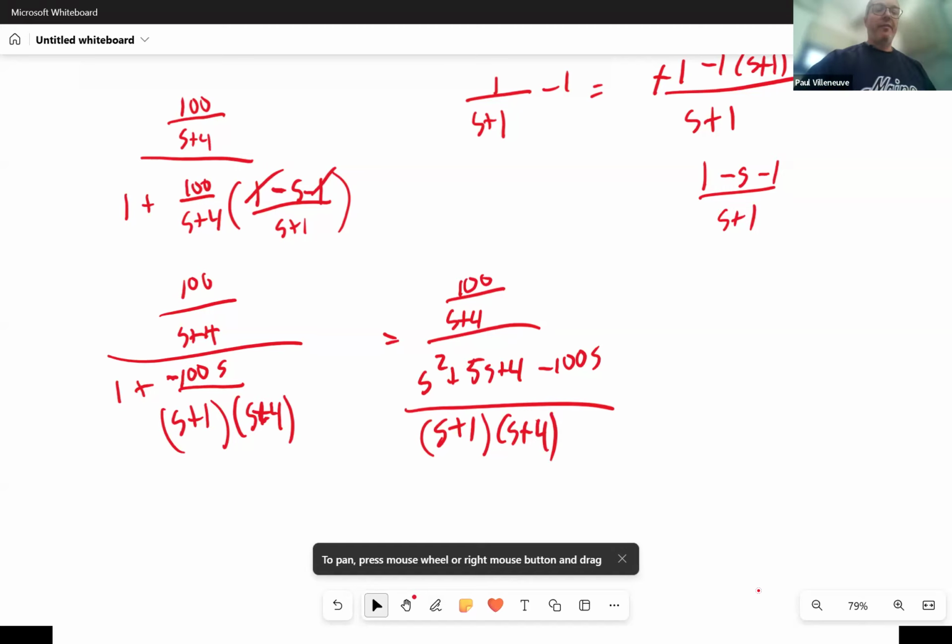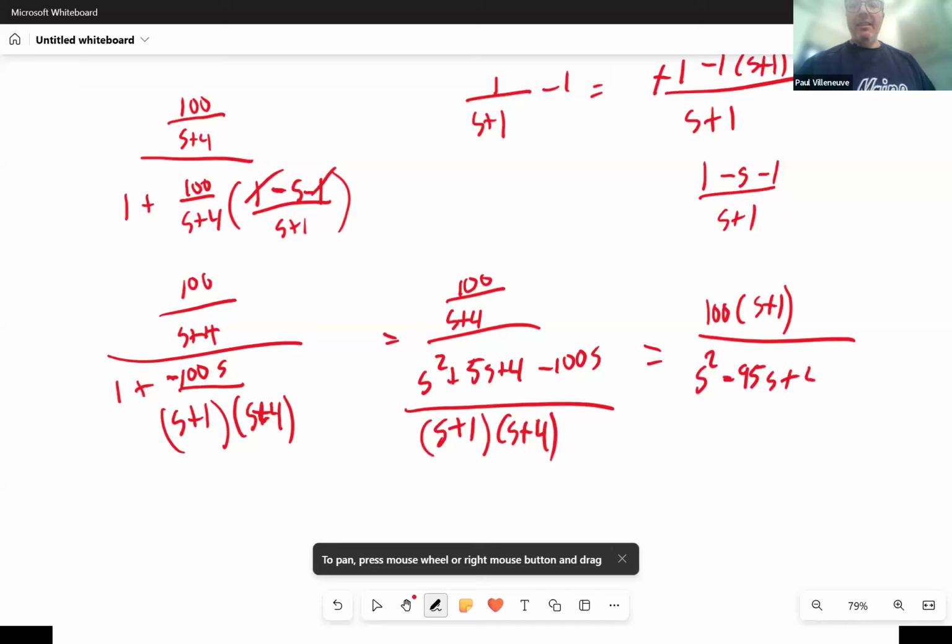I foiled these two, multiplied it by a +1, and then I subtracted the -1. So if you foil S plus 1 times S plus 4, you get that value. Now I invert and multiply. I have 100 times S plus 1, because the S plus 4s will cancel, right? And that's all over S squared minus 95S plus 4. Everybody see that?